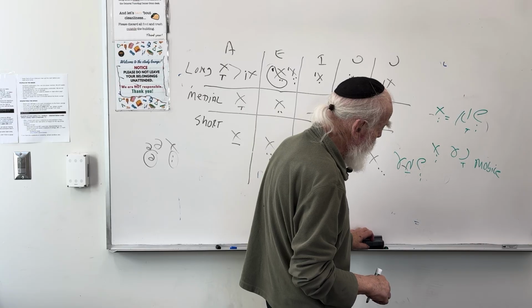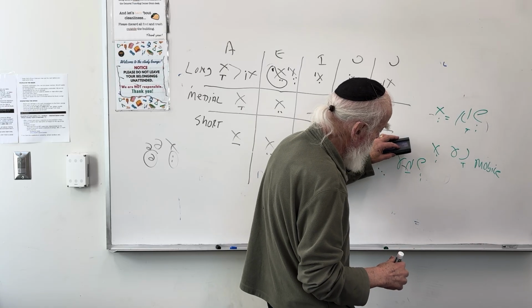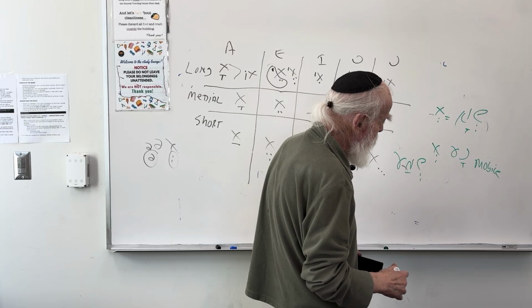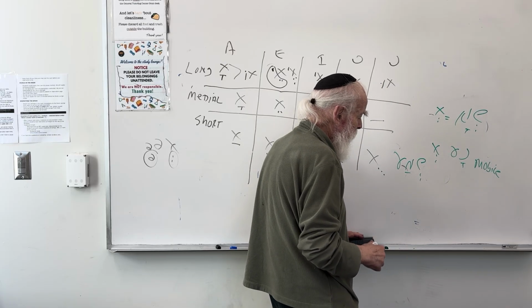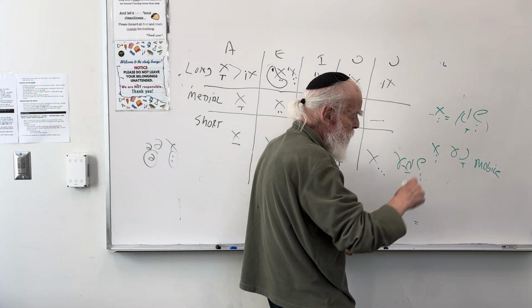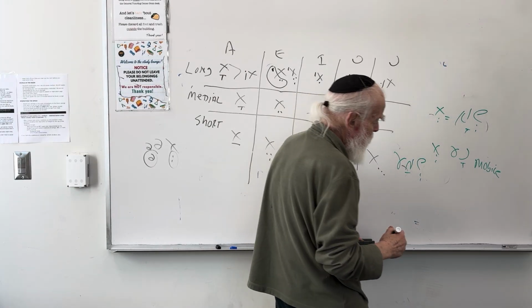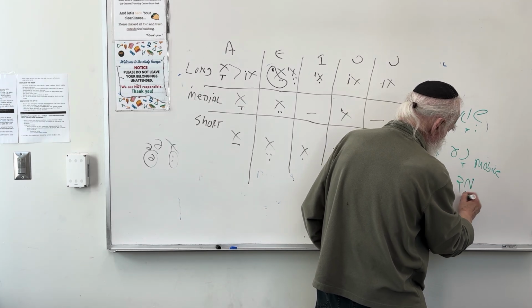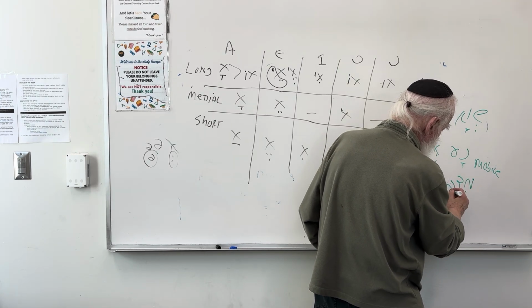When you have the shva in the middle of a word, or underneath the last letter of the word, and it follows a vowel before it, it's probably the silent shva. So, for example, take the word midbar. Notice how I'm writing that word.